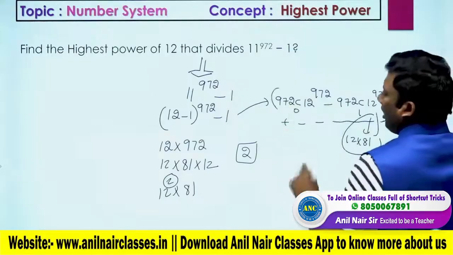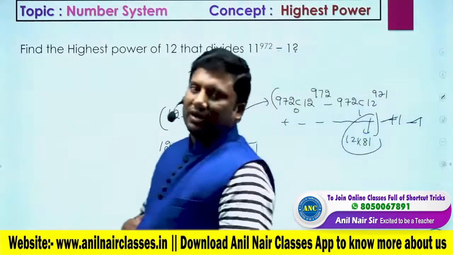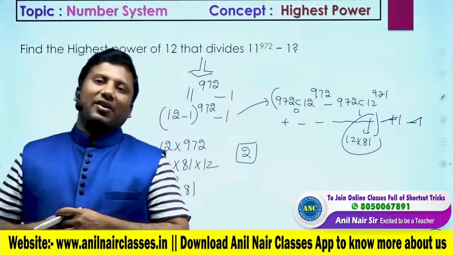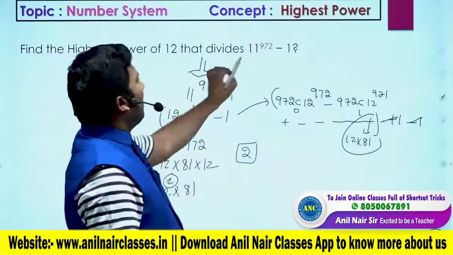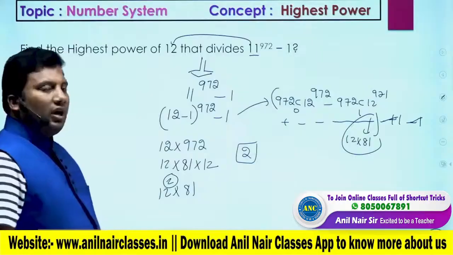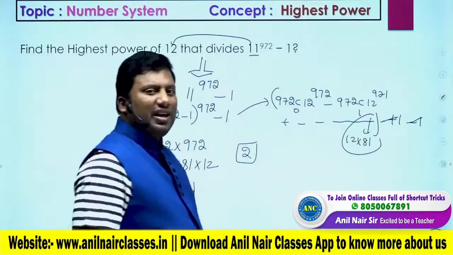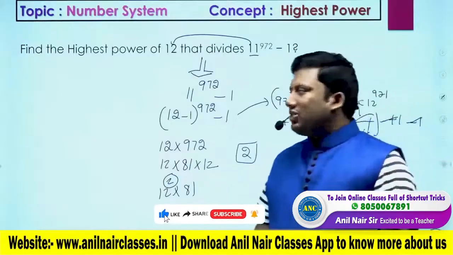All the values will have 12 square. 12 power 972 is divisible by 12 square. 12 power 971 is divisible by 12 square. Idea clear? Just by looking at a question, convert these bases into this multiple. Very, very easy. Very different varieties of questions are coming from highest powers.